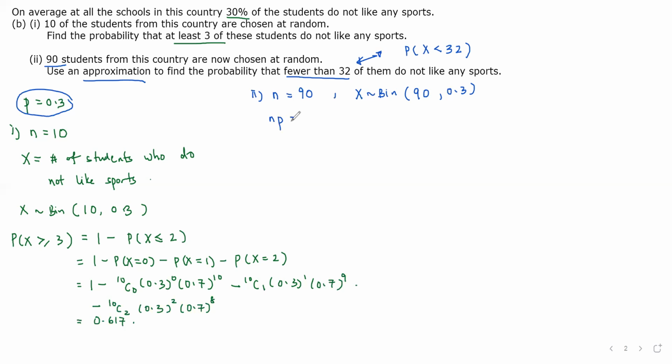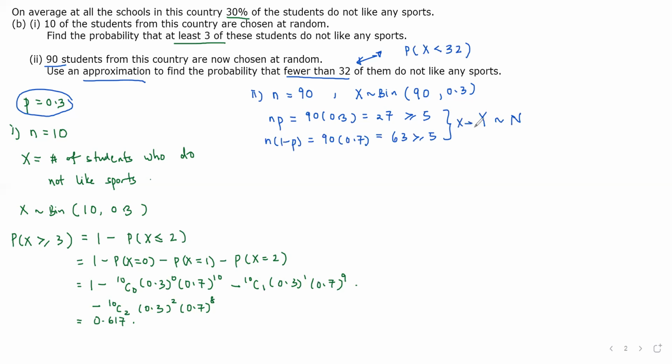Check that the conditions are satisfied. We have 90 times 0.3, which gives us 27, and this is greater than or equal to 5. And n times 1 minus p, we have 90 times 0.7, which is 63, and this is greater than or equal to 5. Then we can use a normal approximation to the binomial.